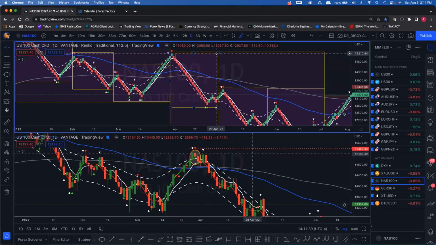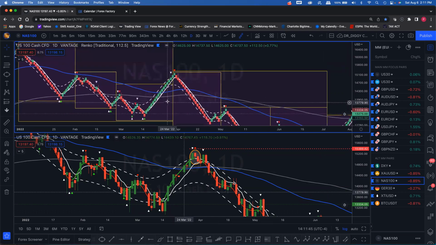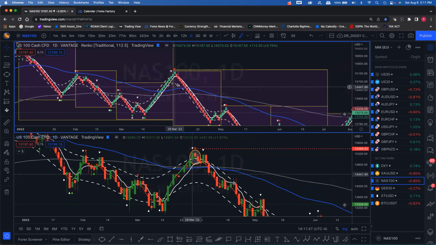Whether it's support and resistance areas, whether it's EMAs, whatever you're using to project where you think price is going, you'll know when you might get those longer runs.